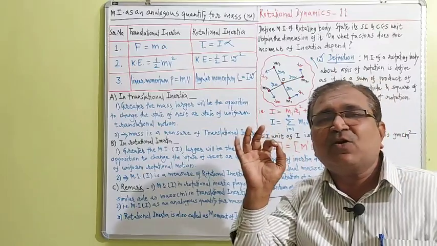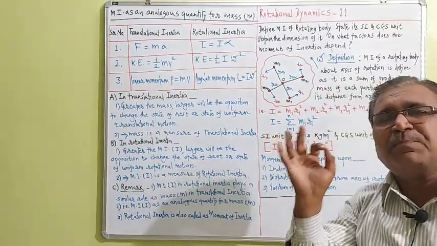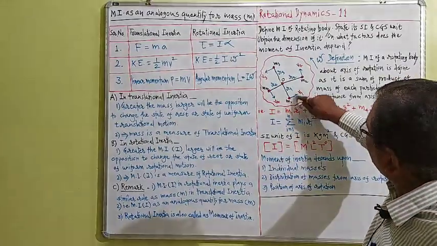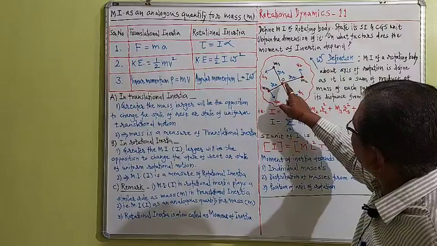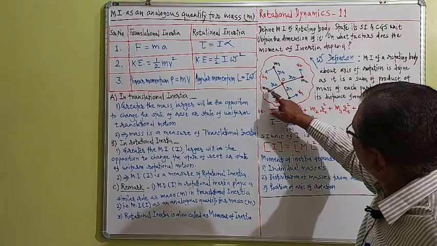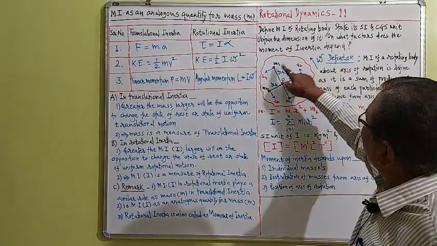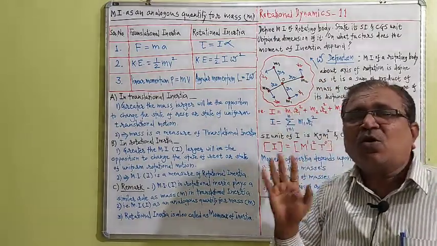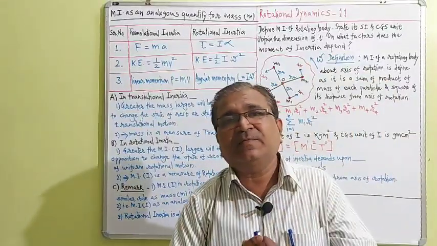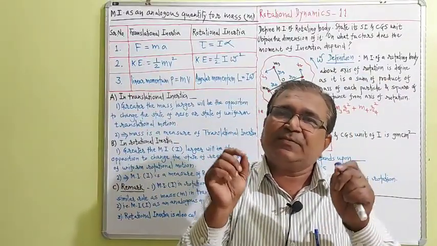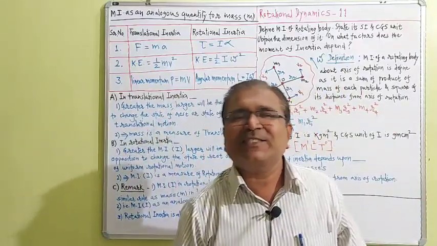The linear velocity of each particle is shown by an arrow perpendicular to the line, and we get velocities v1, v2, v3, v4 of each particle. By making use of this figure we will prepare a definition of moment of inertia.